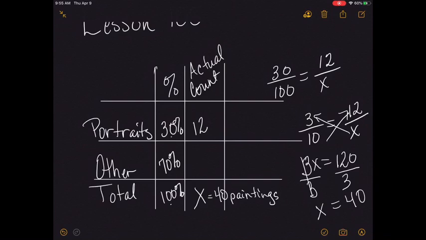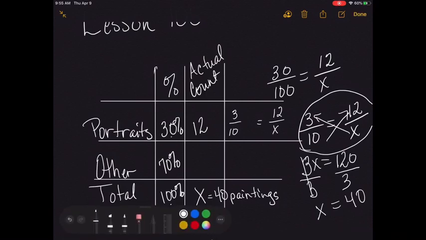All right, now you guys might have thought of a different way to solve it. When we were up here at this step, we could have taken a different tack. I'll just scooch it over to the side here. We had 3 over 10 equals 12 over x.